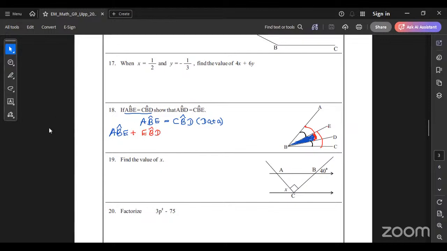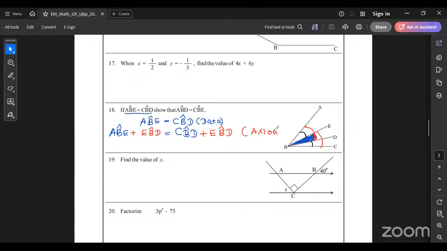ABE plus EBD equals CBD plus EBD, according to axiom 2.